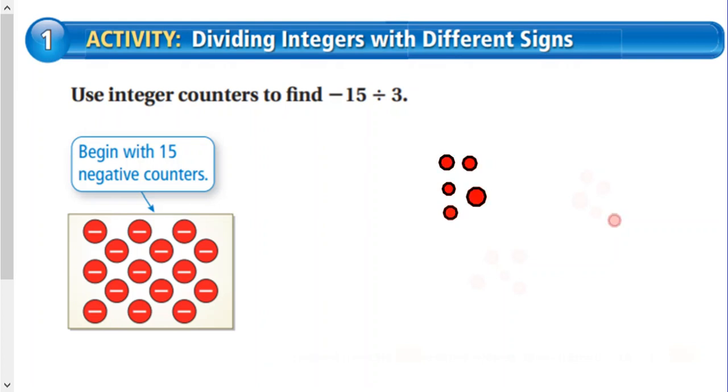And you'll see we got 3 even groups of negative 5. Each one of these red circles represents a negative 1. So negative 15 divided by 3 is equal to 3 groups of negative 5.